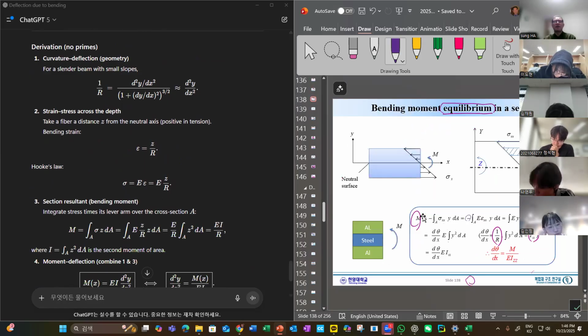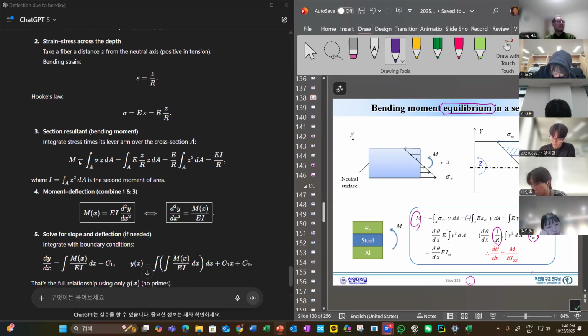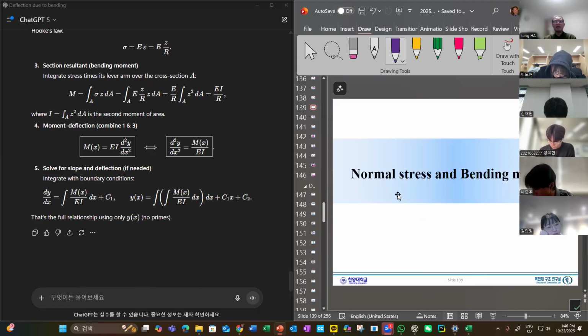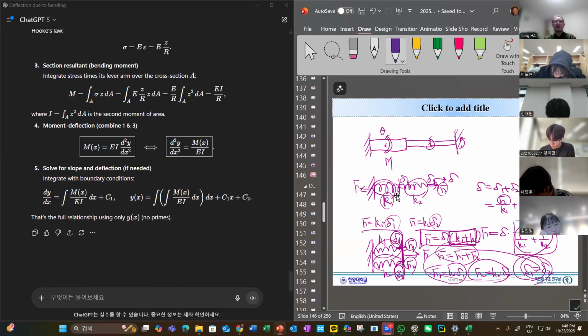Last week, the definition of a moment is simply sigma xx, which is a force, which causes a moment by multiplying by y and then integrating. The strain has y and d theta/dx, and then integration. That's exactly what they do here, with the second derivative. This is what we learned last chapter.